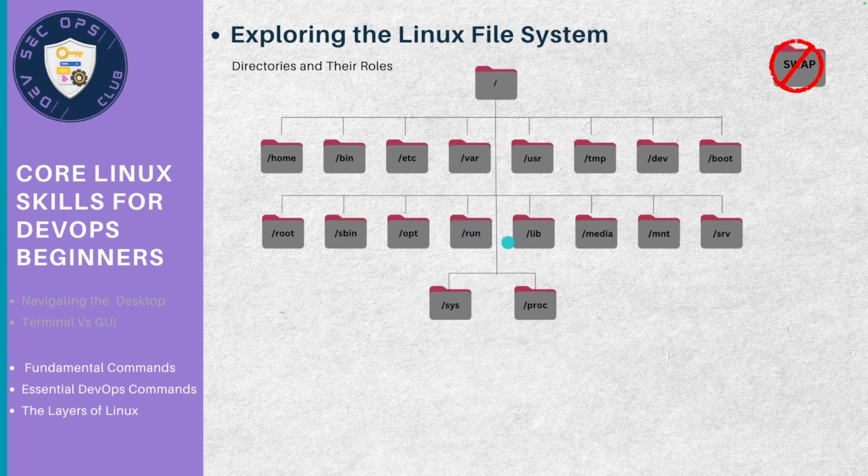Then we have /var. It's not the right time to explain this one. This one is /mnt. It's a kind of mount point. When we install the operating system, we said, okay, these are the mount points for you. But once your server is there, you may need to mount something, right?